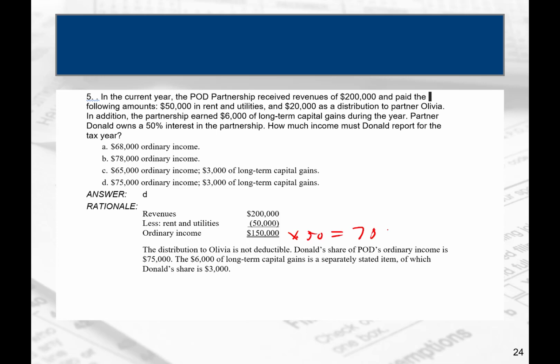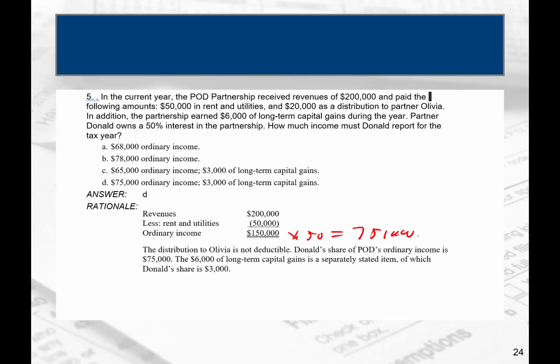That's where we're getting the $75,000 from, and then the capital gain is going to be reported. The distribution is not taxable, right? A distribution is not a taxable event, but his share of those items would go over to his K-1s, even though they didn't ask that.